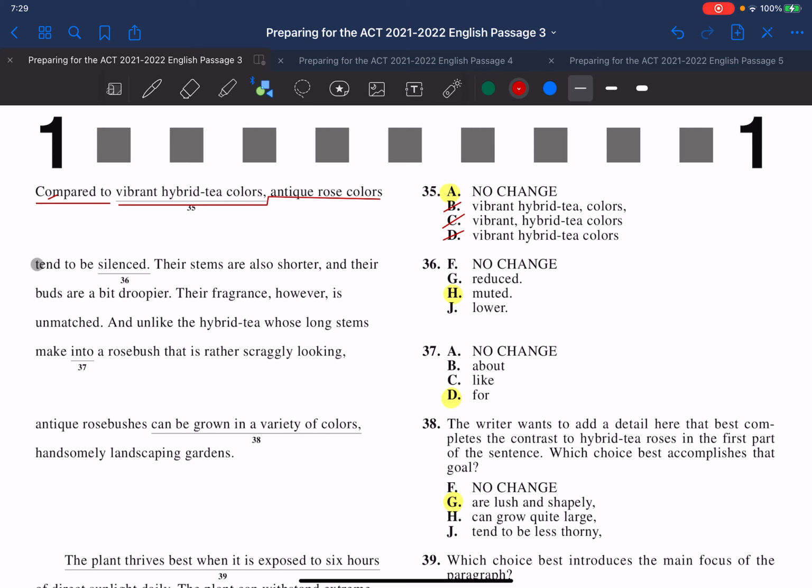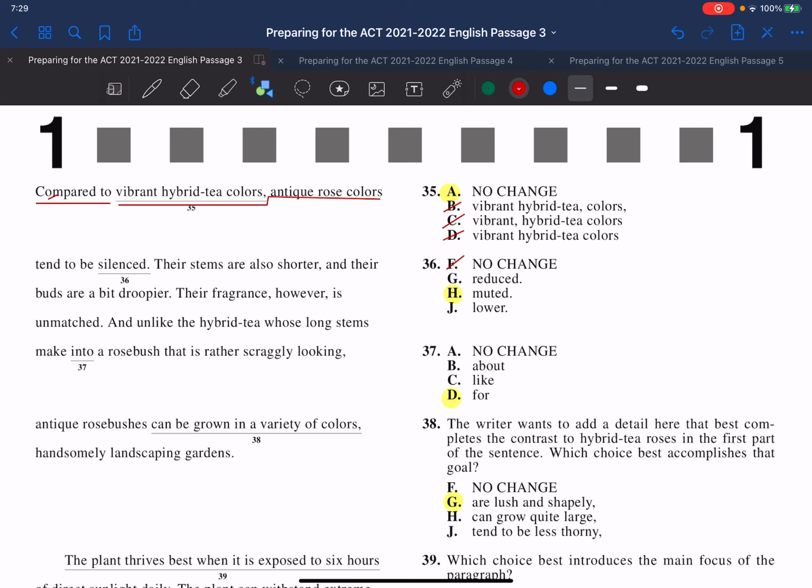Now, 36, it says antique rose colors tend to be silenced. Well, colors can't be silenced because they don't have any sound. So that's not the word we use. Colors tend to be reduced. Oh, maybe. Colors tend to be muted. Yeah.